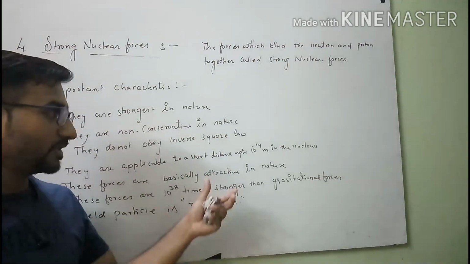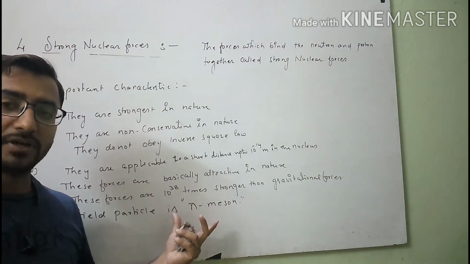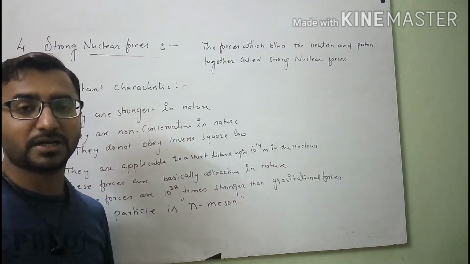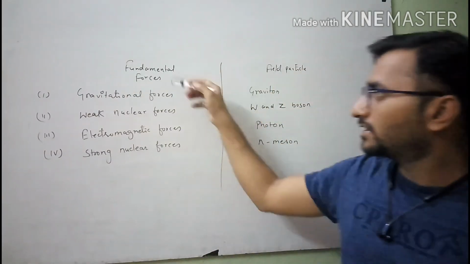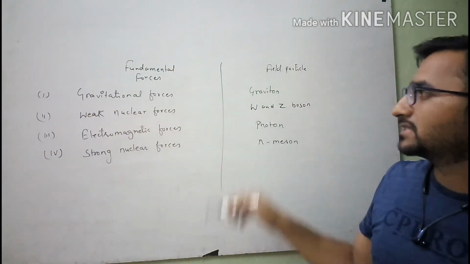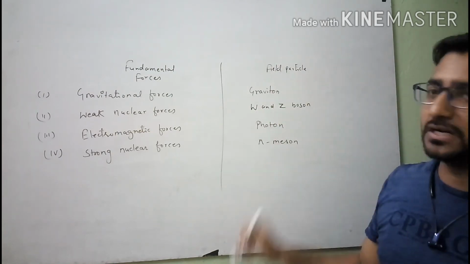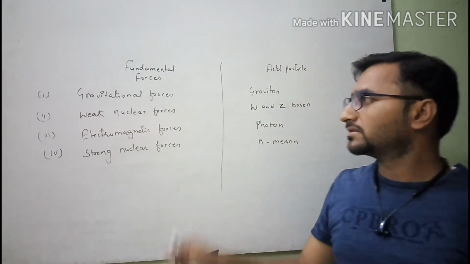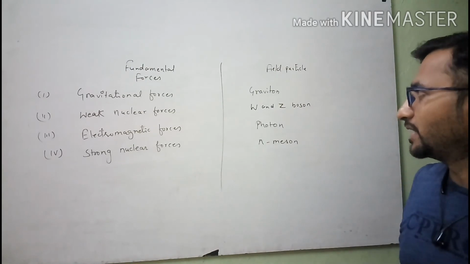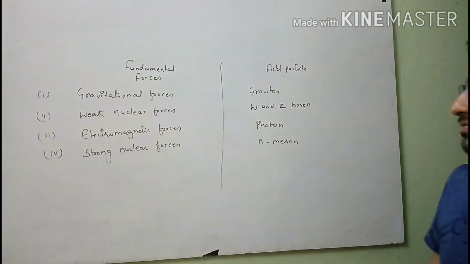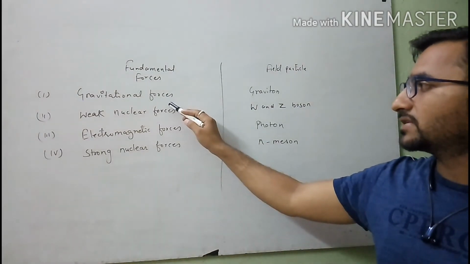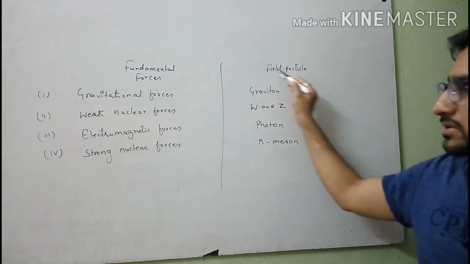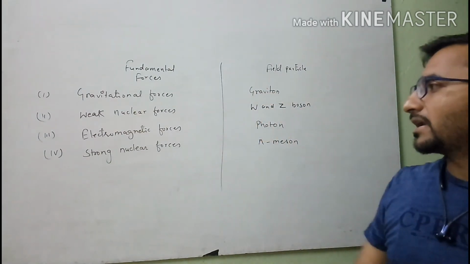After that, I will write all types of fundamental forces and their field particle chart. So here, student, I have written the names of the fundamental forces and their respective field particles which carry these forces in the field. First one is gravitational force, the field particle is graviton.